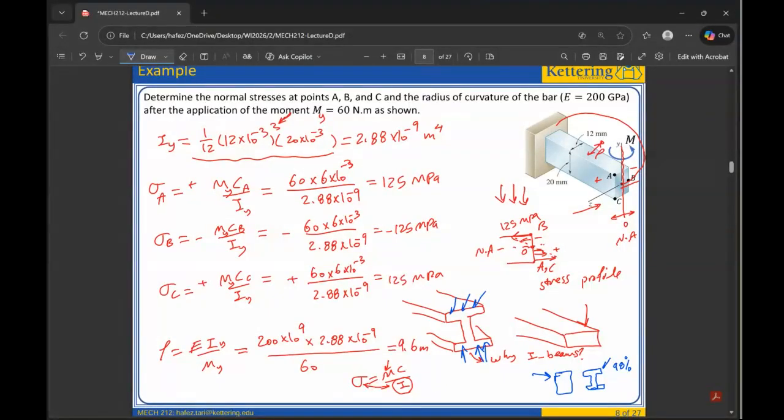But keep in mind, we have to put it in this configuration. We do this assuming that the load is up or down. If it is sideways, we have to rotate it. What if the load is on both sides? Then we put two of them like this, or we make it a hollow rectangle like this.